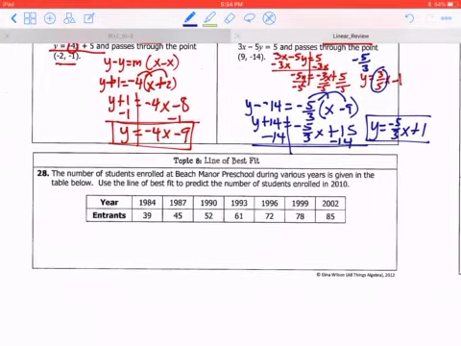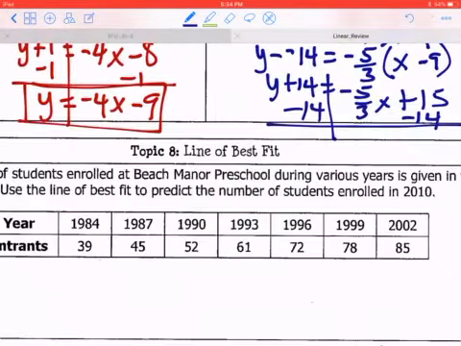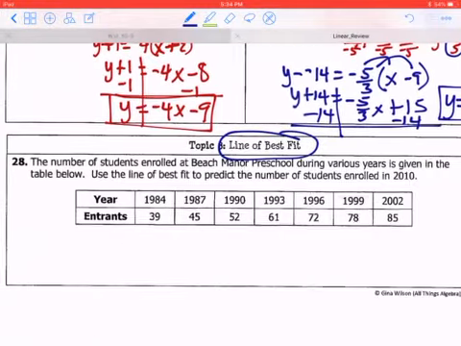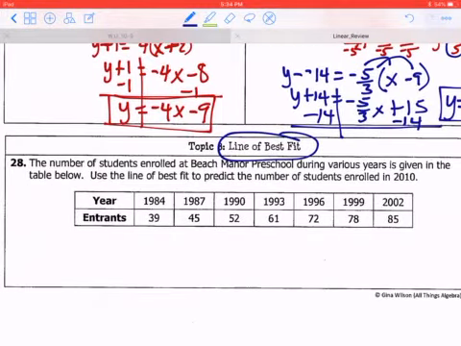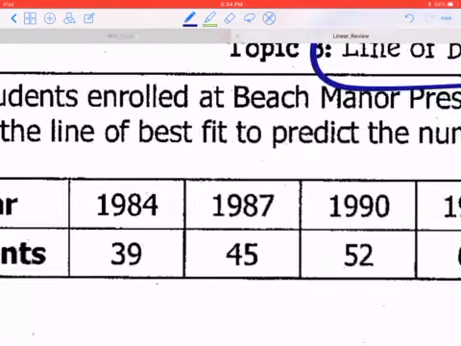For number 28, the line of best fit, I can't show you on a video, but just remember that it says the number of students enrolled at Beach Manor Preschool during various years is given in the table below. Use the line of best fit to predict the number. So remember to start, 1984 is 0 for your year.